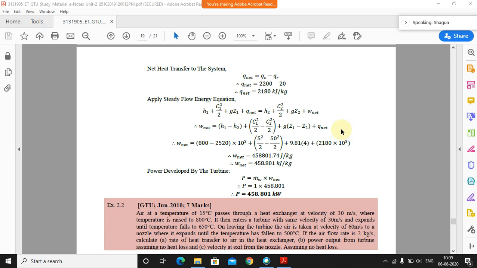Okay. What is the value? Right, that is in joules per kg, no? Yeah. So in kilojoule per kg, it will be 458.801. Yes, fine. Okay, all of you are getting the same value.